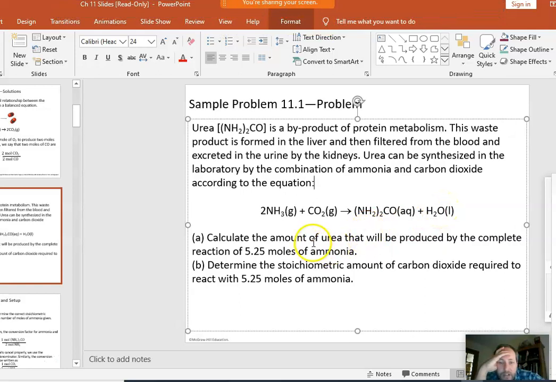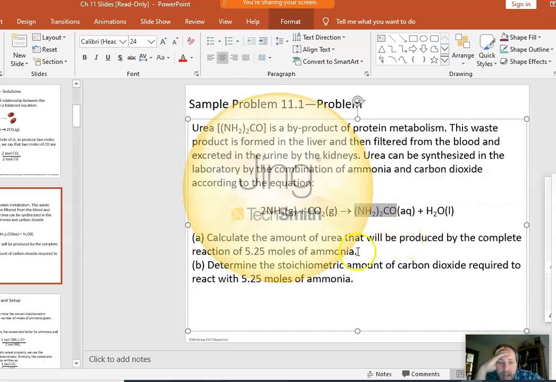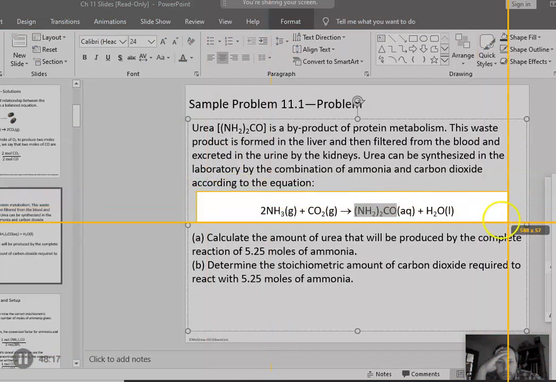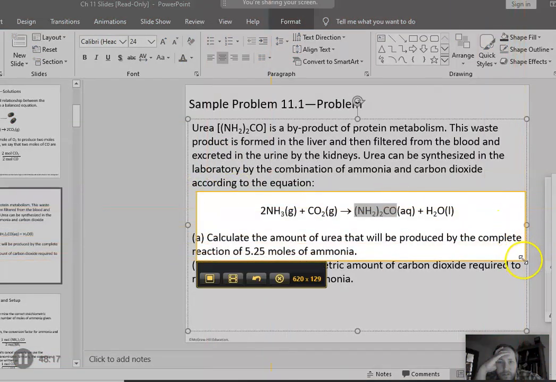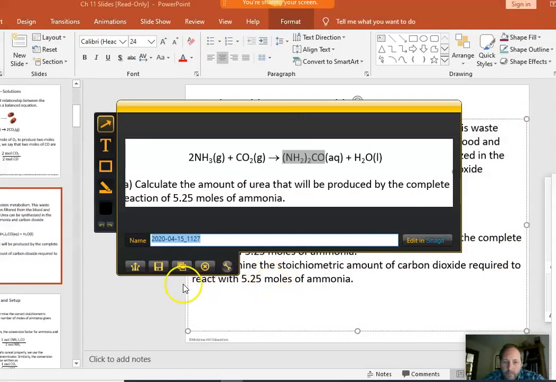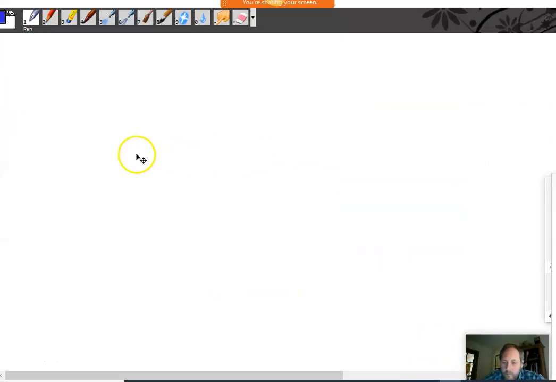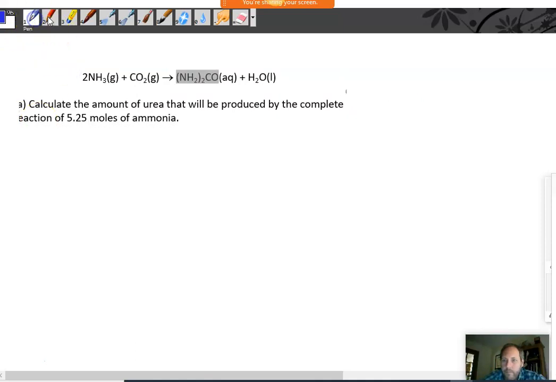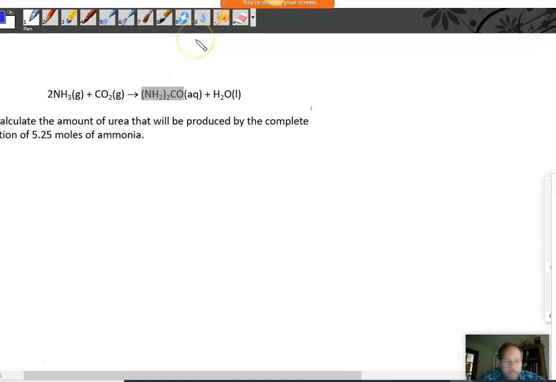So this equation is saying calculate the amount of urea. This is urea right there. It can be produced by the reaction of 5.25 moles of ammonia. So I'm starting with 5.25 moles of that. So I'll do the problem here.